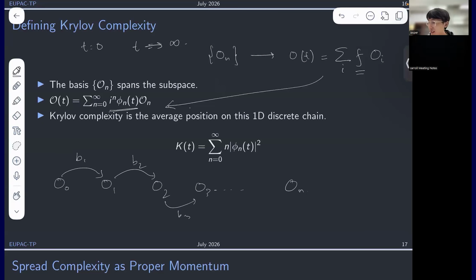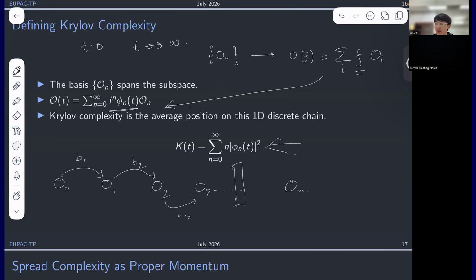So the Krylov complexity is defined as the average position where our operator lies. Mathematically, this is the exact definition. This quantifies how complex our operator has become after time t.